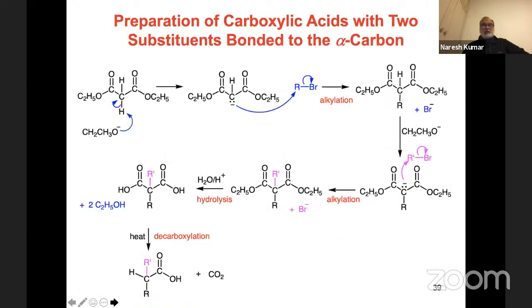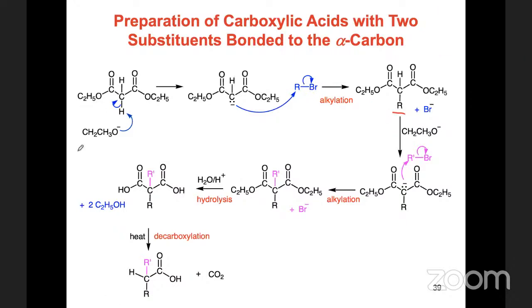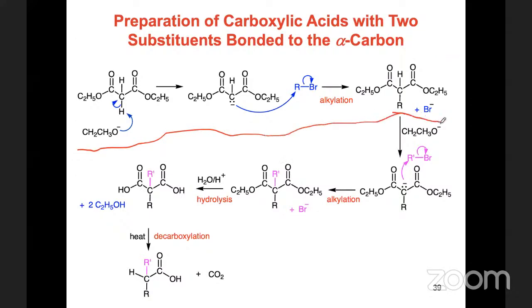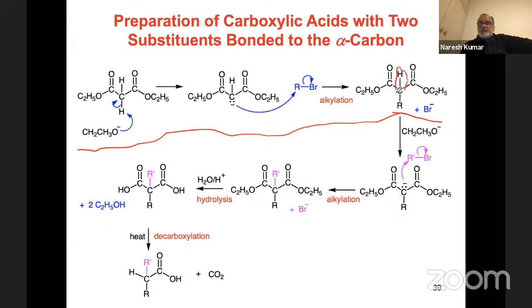Okay. Now, I was telling you earlier that once you've done one alkylation, the first 3 schemes here, part of the scheme is exactly the same as before. You have malonate, we remove the proton, we do alkylation at this position. And I was telling you that this CH is still an acidic CH.